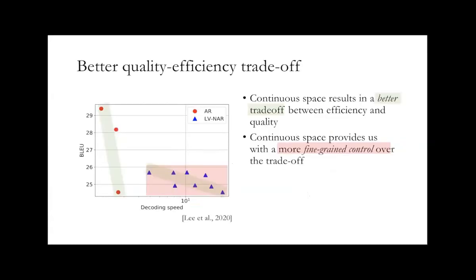And it also allows us to have a better quality efficiency trade-off, because the speed at which sentences can be translated is much faster, because this approach can exploit parallel computation much better than the autoregressive models. In terms of the BLEU score, these latent variable models are slightly worse, but in terms of decoding speed, this is much faster.